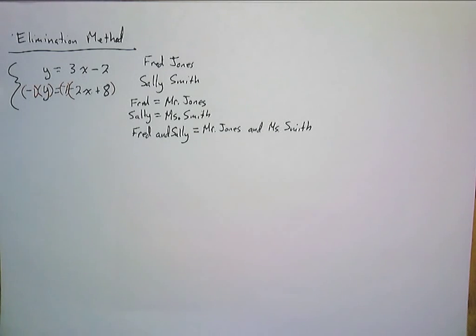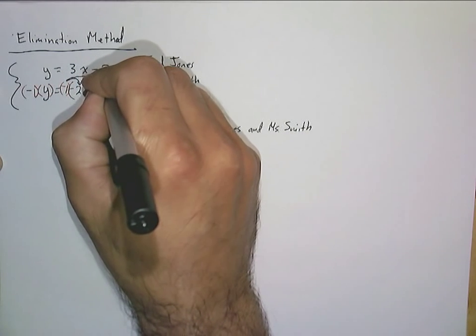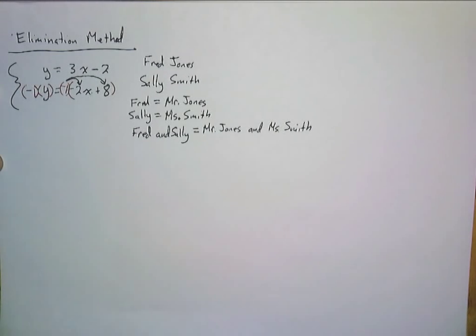Now, of course, remember you're multiplying the entire side of the equation by that negative 1, so we are going to have to apply the distributive property. It's really, really easy to forget that. I've done it a million times myself.